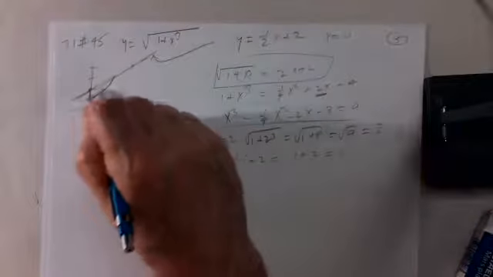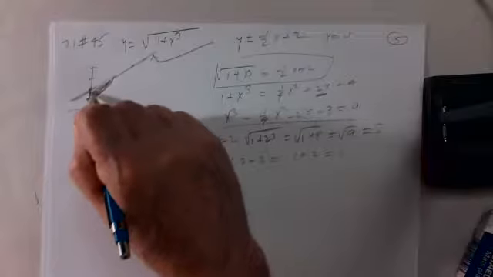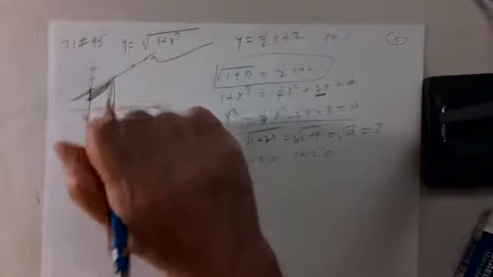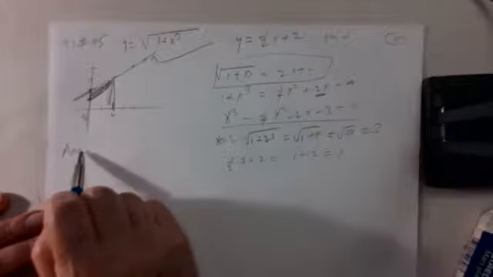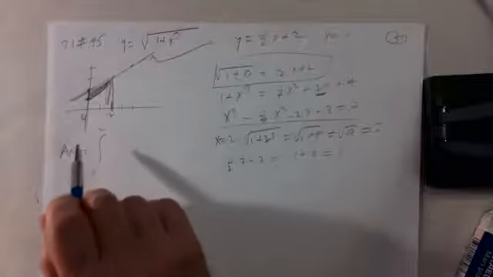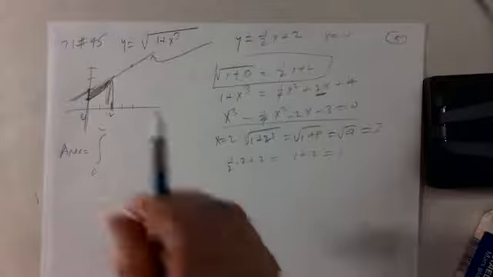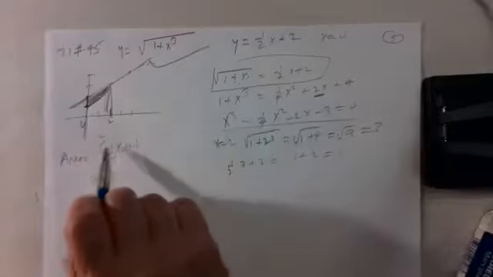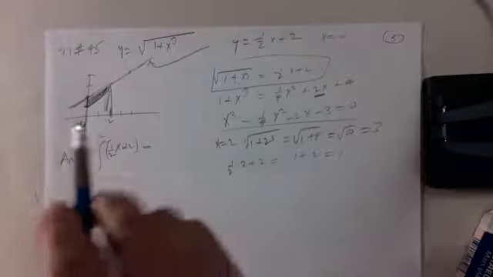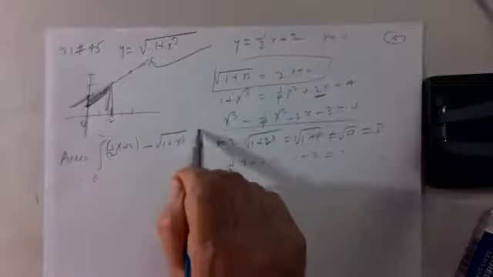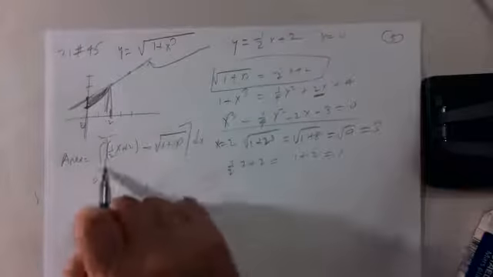So the region cut out by these two curves is this region from 0 to 2. And the area is going to be the integral from 0 to 2 of the top of the curve, 1/2 x plus 2, minus the bottom of the curve, the square root of 1 plus x cubed, dx.